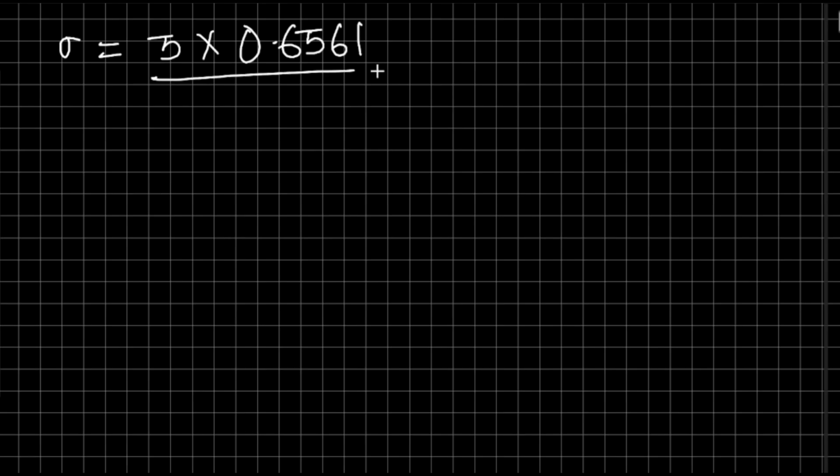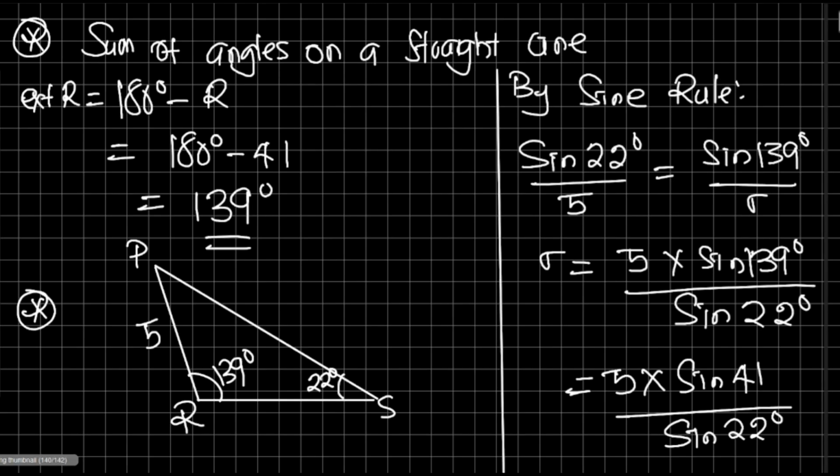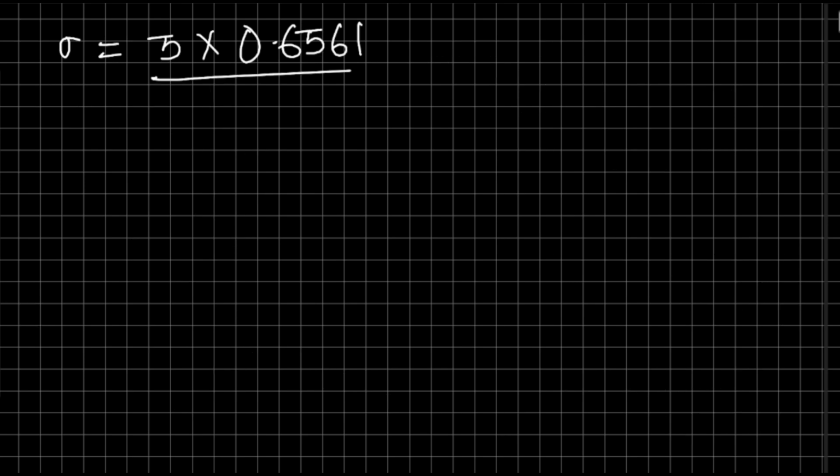Then if we compute that, we have r equals 5 times sine 41, which is 0.6561, all over sine 22, which is 0.3746.